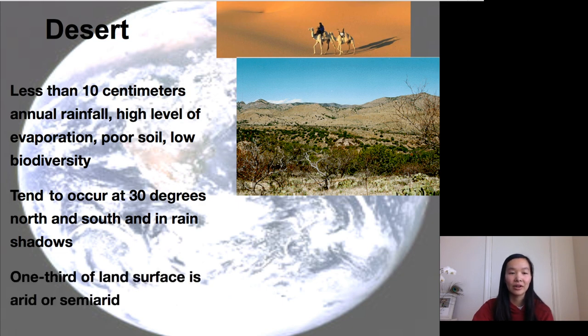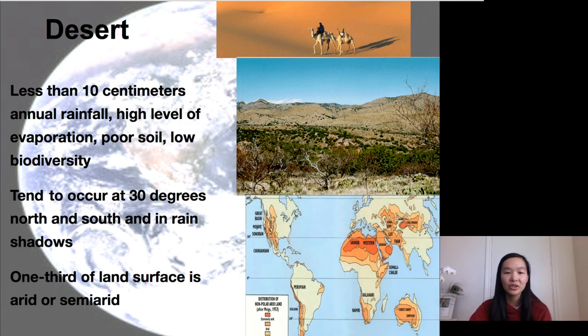Yep, arid. Arid is another word for dry. Okay, so this is a map showing deserts across the globe. You see a lot of them, especially in Africa, around that 30-degree mark, and then more deserts at 30 degrees south of the equator.